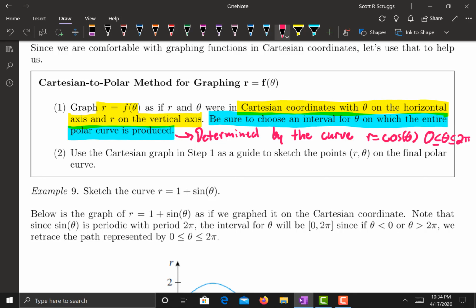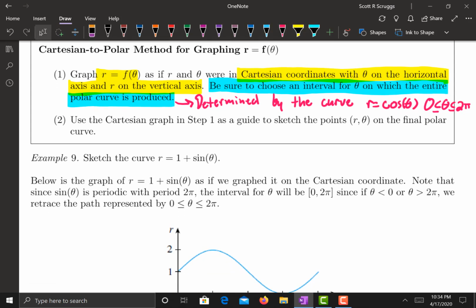And that's because after I hit something greater than 2 pi, periodicity means that I just reset every time I hit 2 pi. So I don't get anything new after 2 pi. So that's what the first part is saying, highlighted in blue.